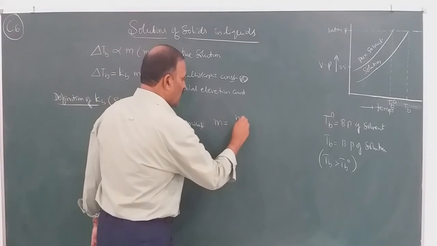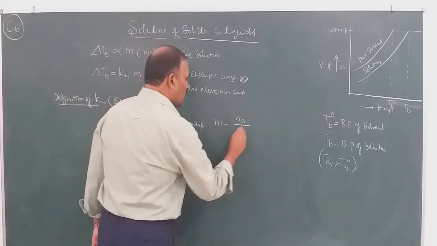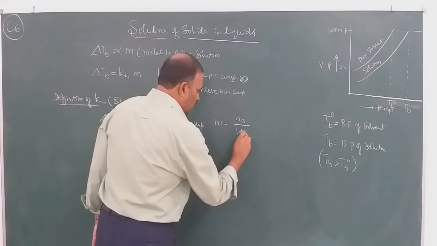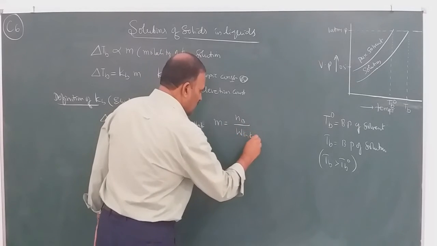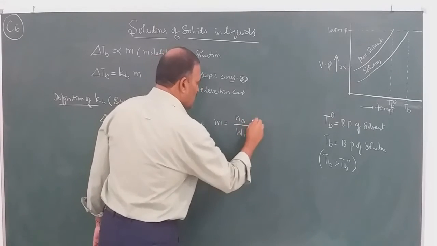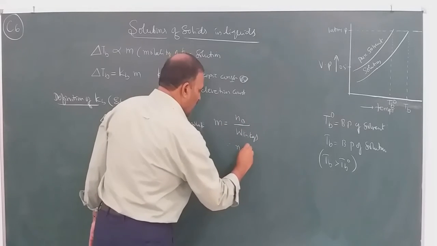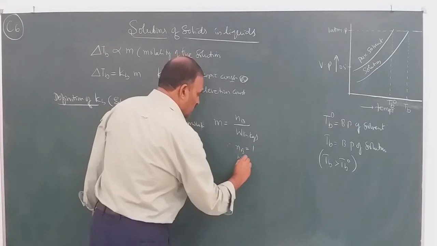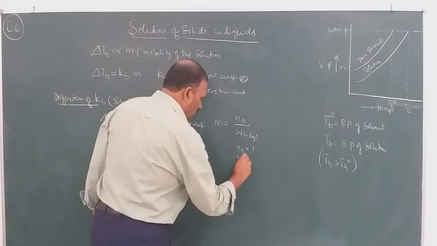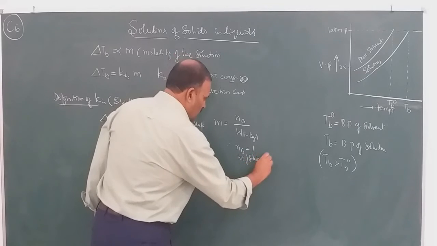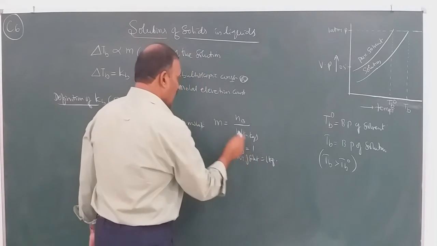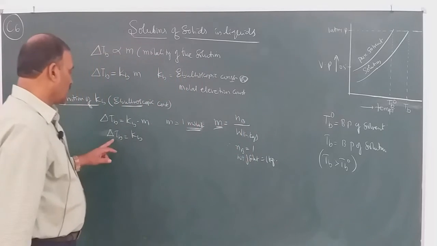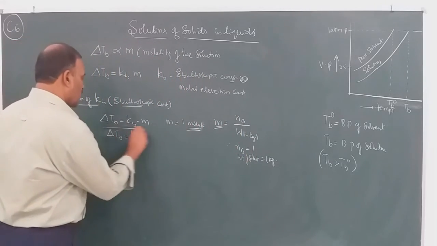Molality is equal to the number of moles of solute divided by the weight of solvent in kgs. When the number of moles of solute is 1 and the weight of solvent is 1 kg, then m becomes equal to 1 molal, and delta Tb is equal to Kb.